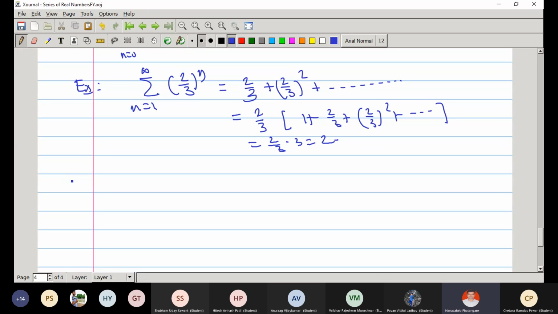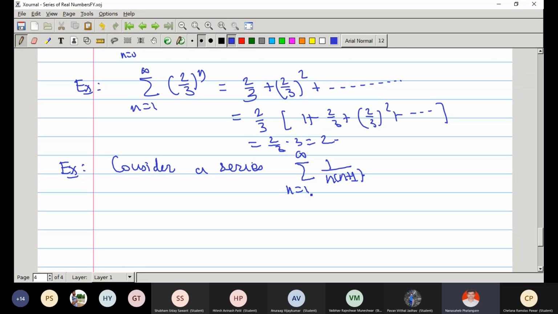Now, this example which you were aware of, so let us see some non-trivial example. Consider a series 1 upon n into n plus 1, n is from 1 to infinity. Here we cannot start with n equal to 0 because n is in the denominator.